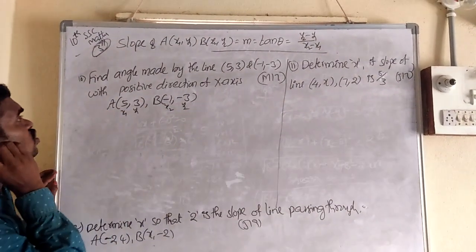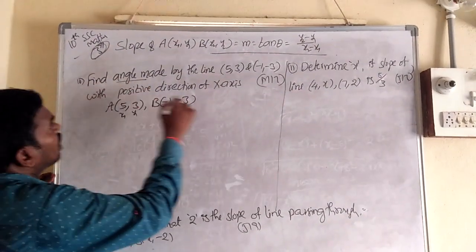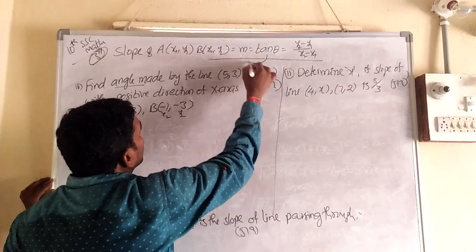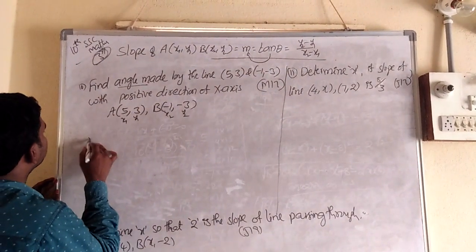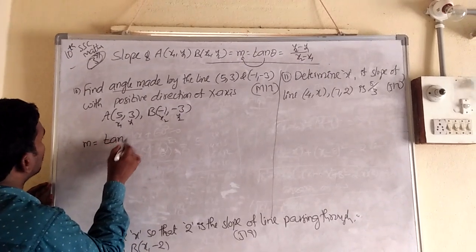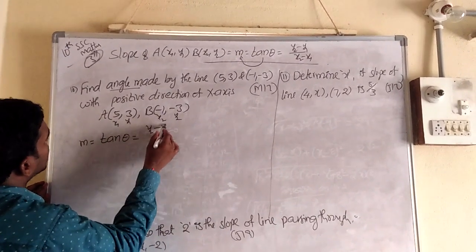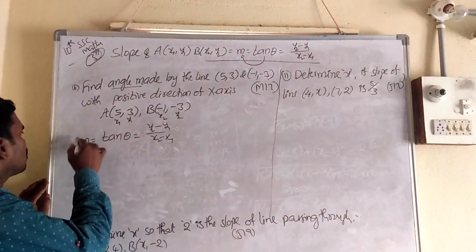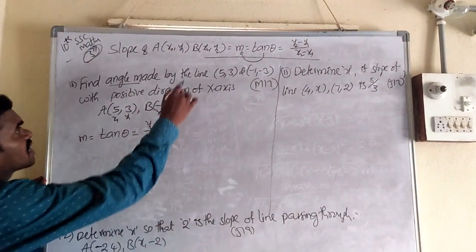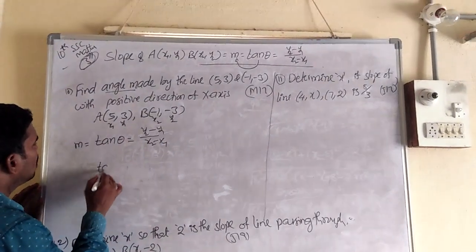So we have to find the slope, because angle is also involved when the slope is found. So slope m equals tan theta equals (y2 minus y1) by (x2 minus x1). Okay? So no need to write m because it is asking for the angle. So tan theta only we can write.